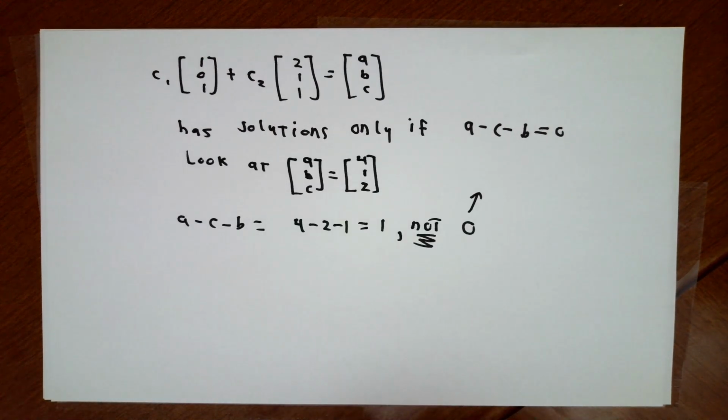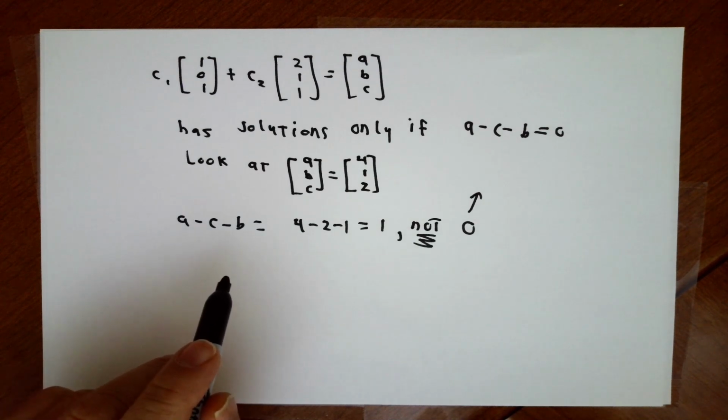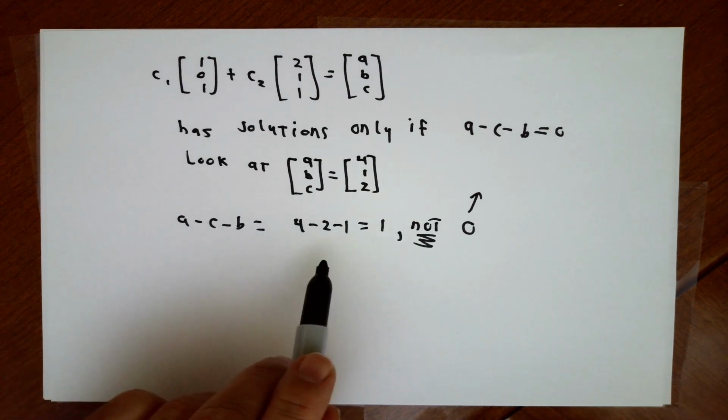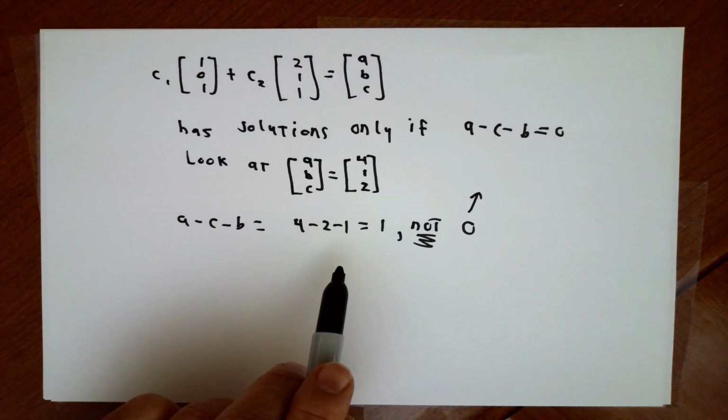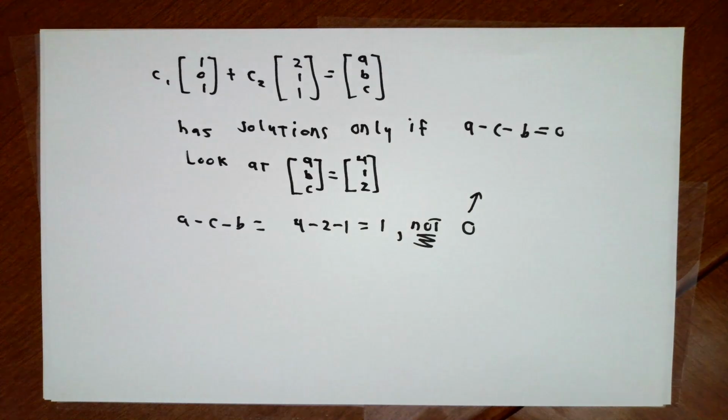If we pick a to be 4, b to be 1, and c to be 2, then a minus c minus b works out to be 4 minus 2 minus 1, 4 minus 3, which is 1, and 1 is not 0. Based on what we've said already, there is not going to be any linear combination of the original two vectors that gives me 4, 1, 2 back for an answer.